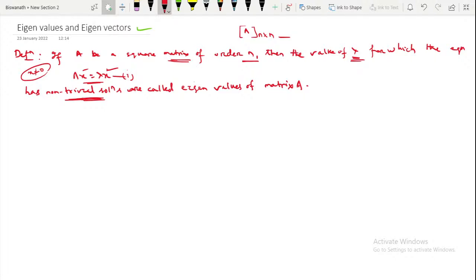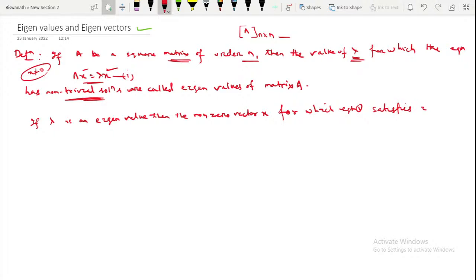So what we will write, if lambda is an eigenvalue, then the non-zero vector x for which equation 1 holds is called eigenvector, or are called eigenvectors associated with the eigenvalue lambda.